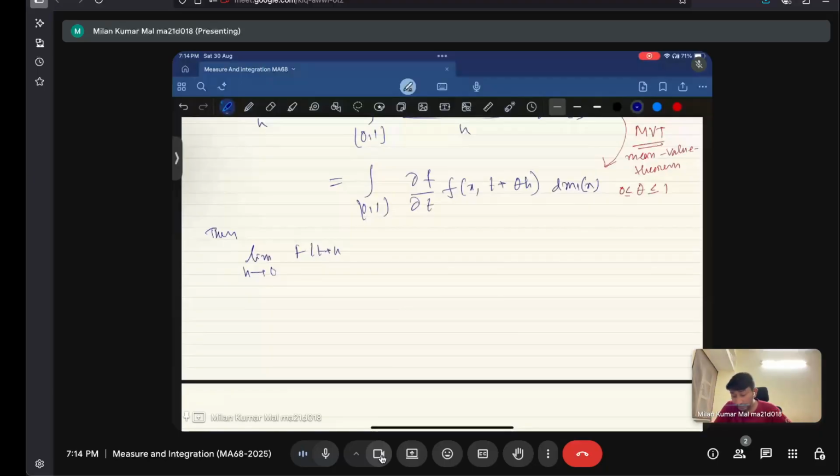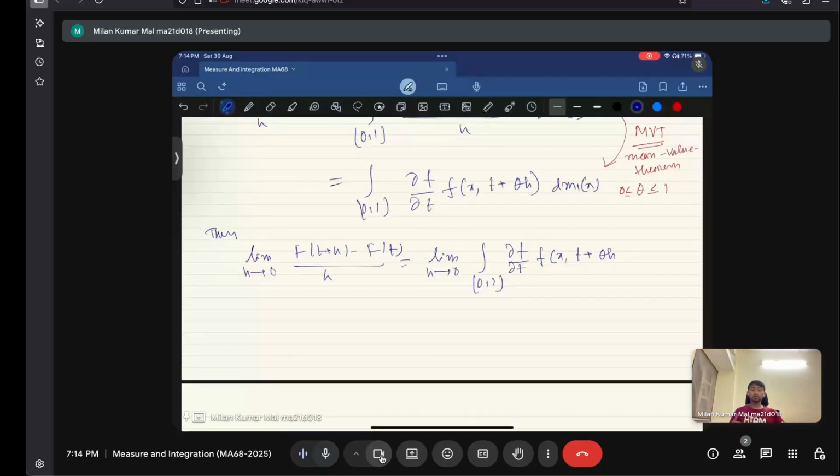Now note that we can again use the fact that |∂f/∂t (x,t)| ≤ M for all (x,t) belongs to [0,1]×[0,1], for some M greater than 0, because this is uniformly bounded.